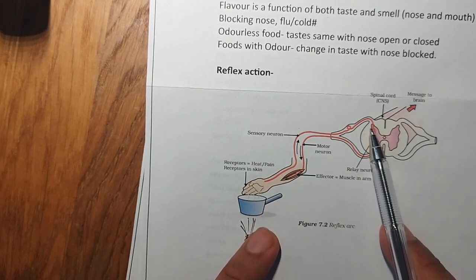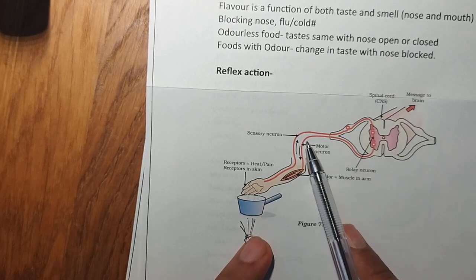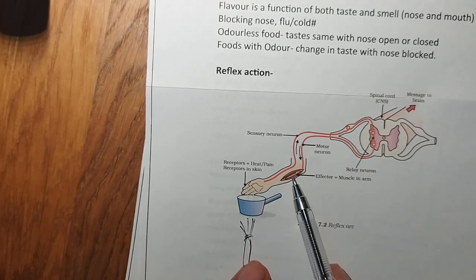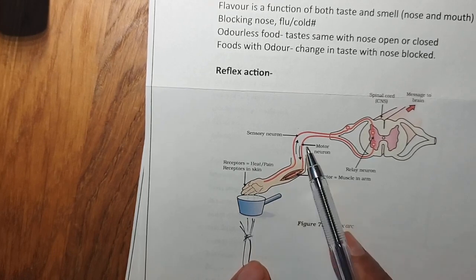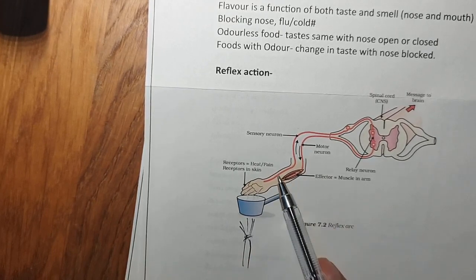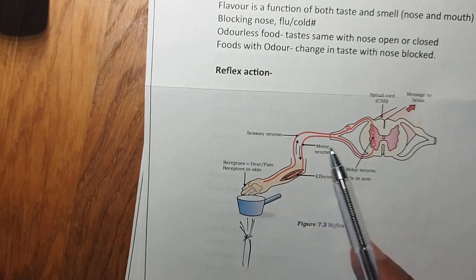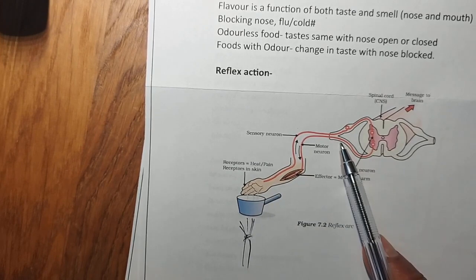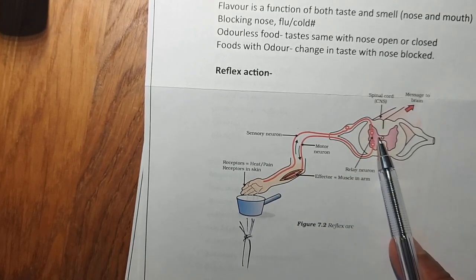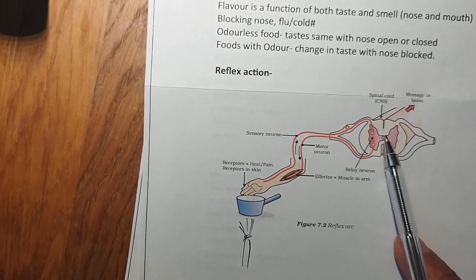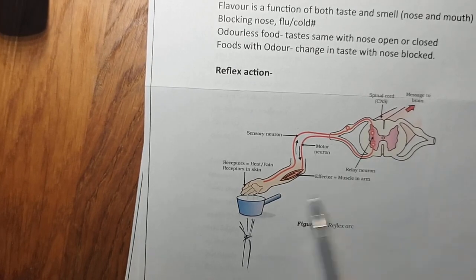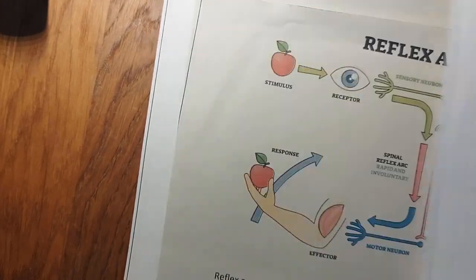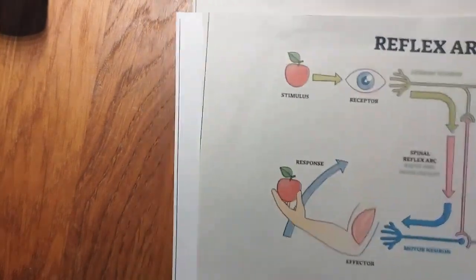Instead of going anywhere else, they just feed back to the motor neurons through the interneuron, and the motor neurons then order the muscles to contract and they take the hand away. The point where the sensory nerve and the motor nerve meet is the easiest and closest point to ensure that this action is carried out safely. So that's about the reflex arc.